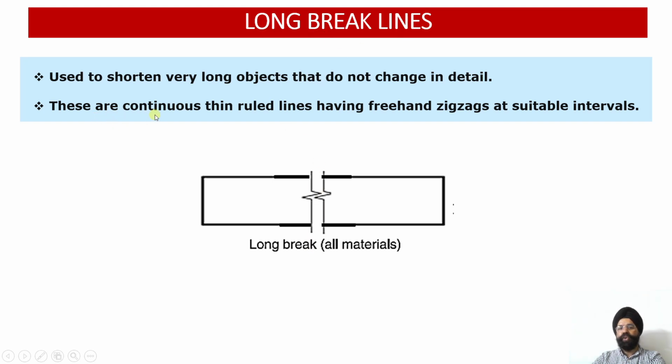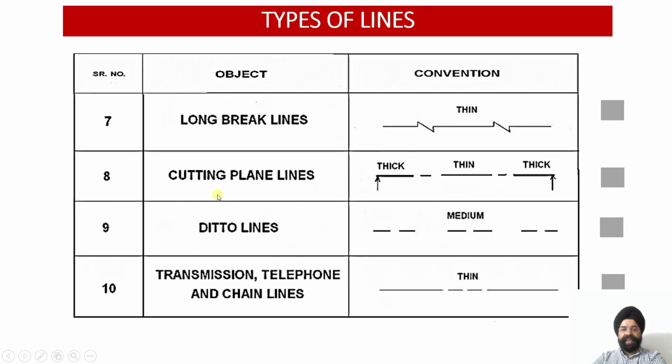So these are again continuously thin ruled lines having zigzags at the suitable interval. So these kinks will be there. So this we call as long break line. So this is for those constructions which are monotonous, similar design, but the disproportionate length versus the cross-sectional dimensions, they are very very disproportionate.